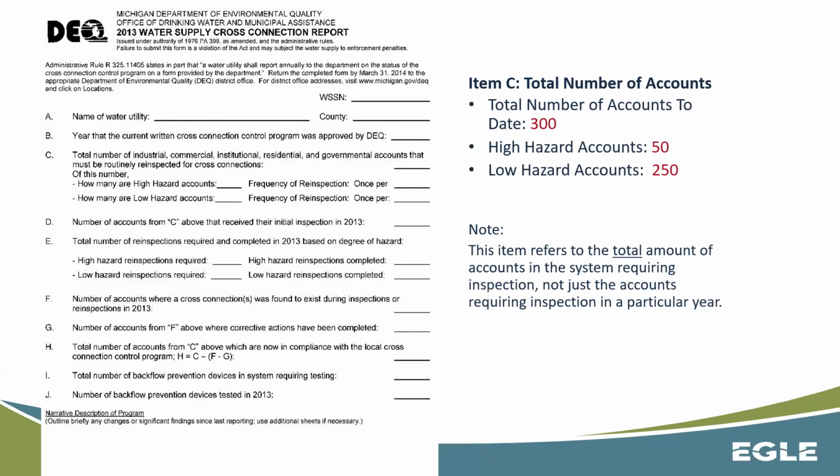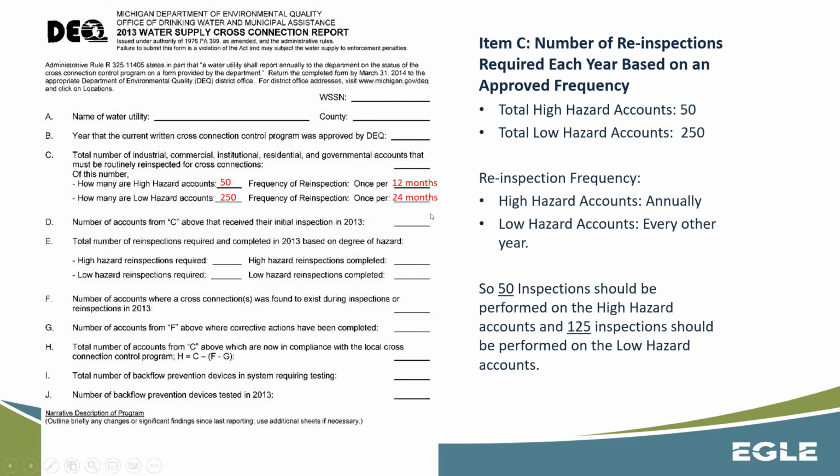How many are high hazard? How often does your program say you're supposed to conduct inspections? Then we have our low hazard, and again, how often are we supposed to have inspections done at these low hazard customers? These exact frequencies are coming from your cross connection program.